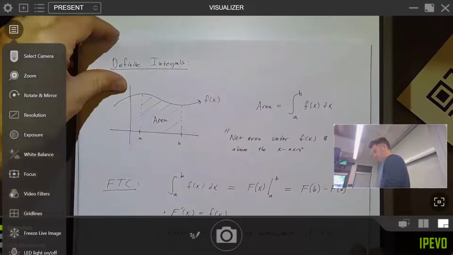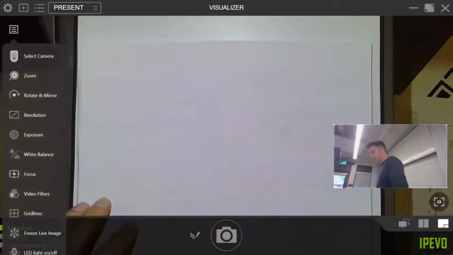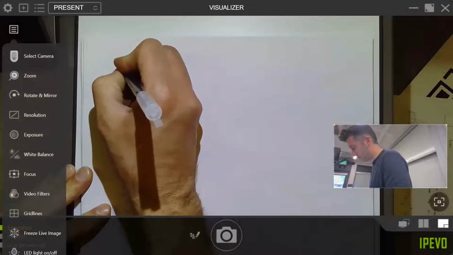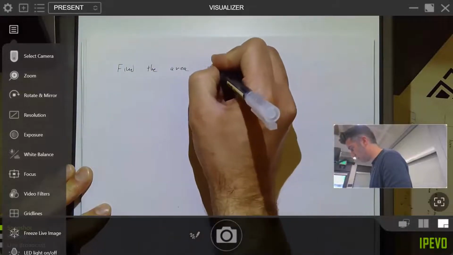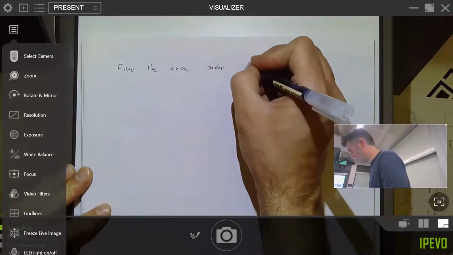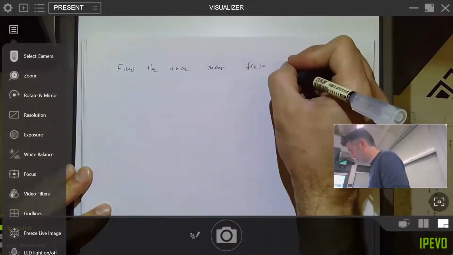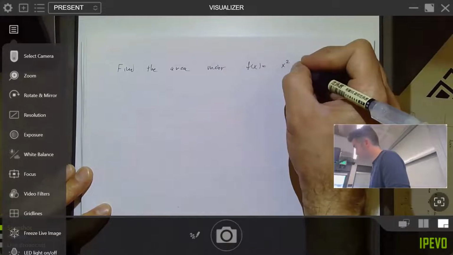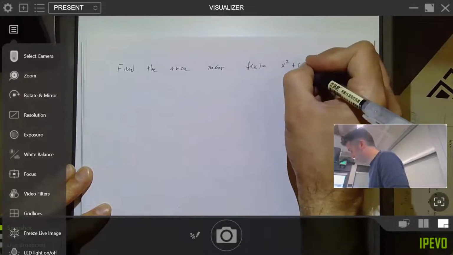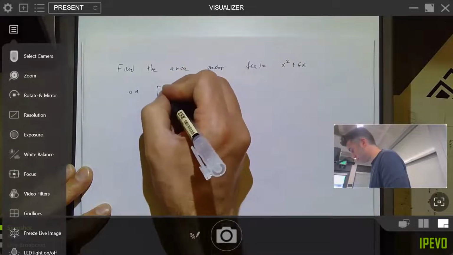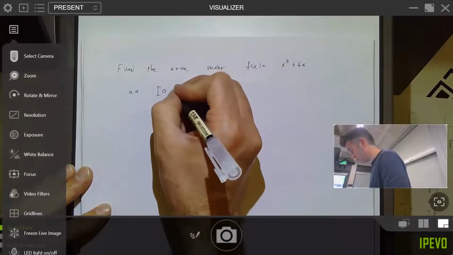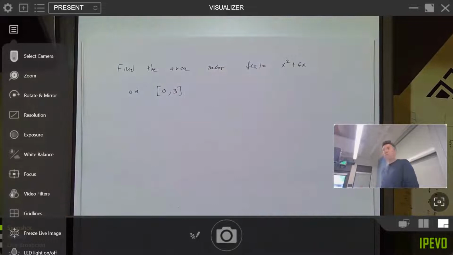Okay, so for example, we could say find the area under the curve f of x equal to x squared plus 6x on the interval from 0 to 3. We could draw this.